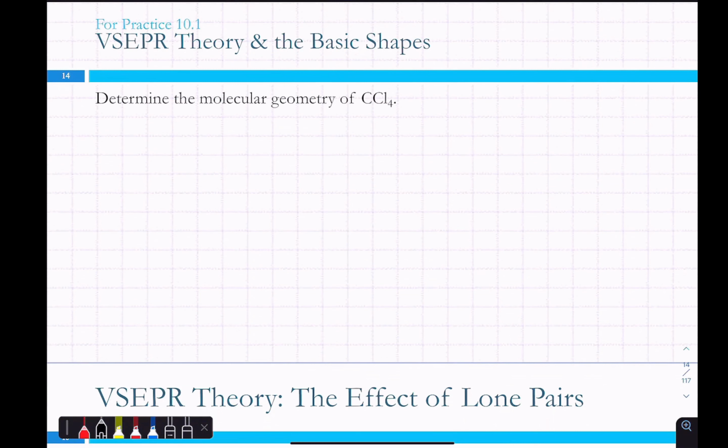All right, so let's determine the molecular geometry of carbon tetrachloride. The first step is going to be the Lewis structure, so we need to figure out how many electron groups we're going to have. Carbon and then chlorine: 7 times 4, and 4 times 1. So 4, 28, 32.